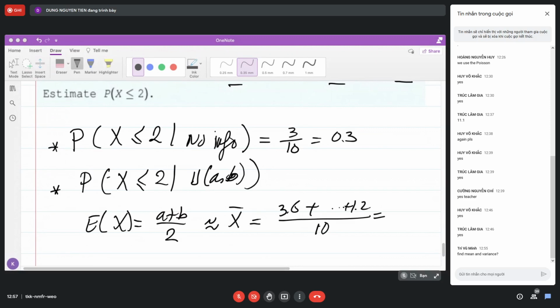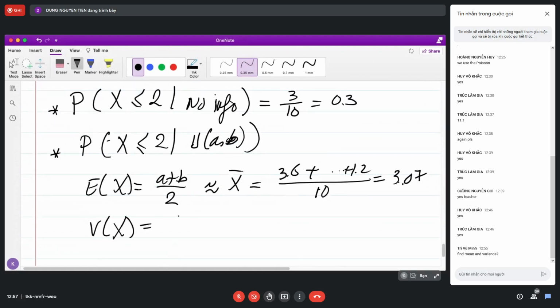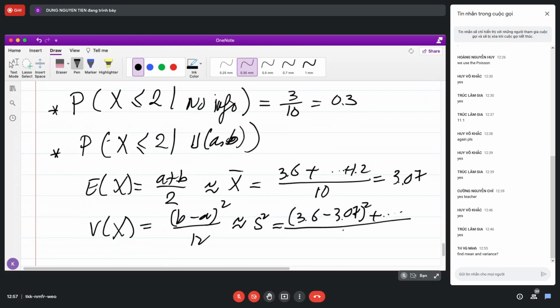So the mean value of x is 3.07. Okay, and you can also find the variance of x, which is (b-a) squared divided by 12, and you can approximate it by s squared, the sample variance. The sample variance is: you need to compute the squared deviations from the mean, 3.07, and then you divide the sum by the degrees of freedom, 10 minus 1.